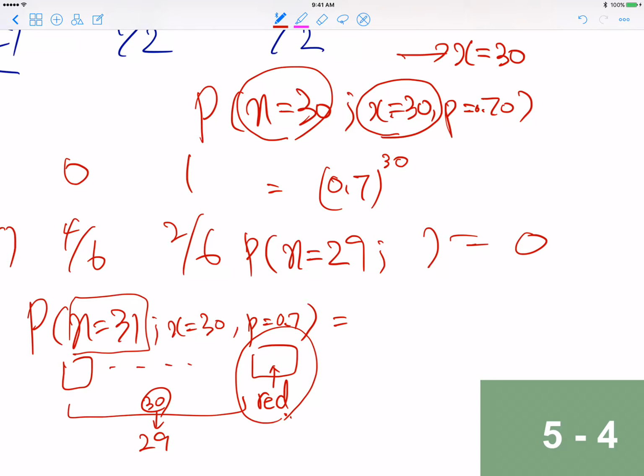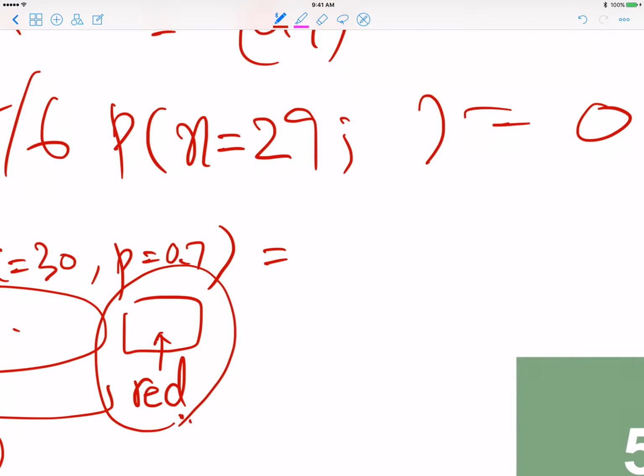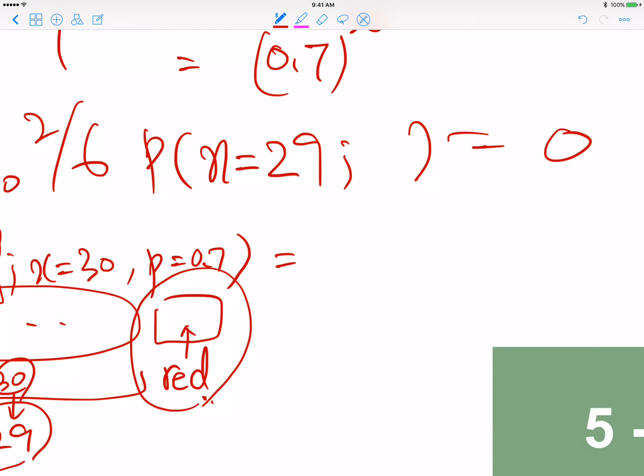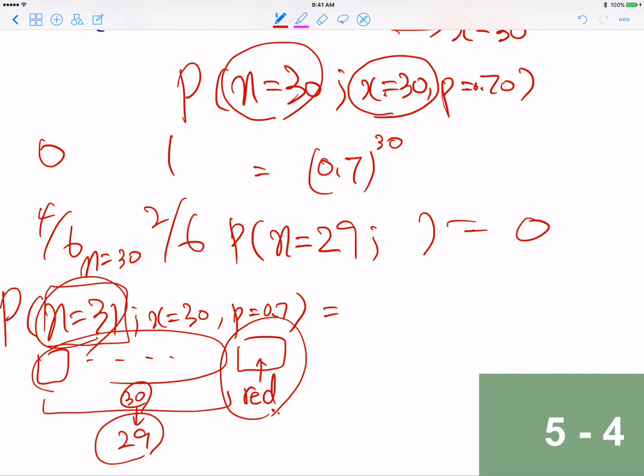If we already sampled 30 red balls in fewer than 31 trials, then n would become 30, for example, so n would no longer be 31. So in this case, we can think about the probability as this. Let me have just one minute. Here the last one should be a red ball, and the probability of sampling a red ball is 0.7.